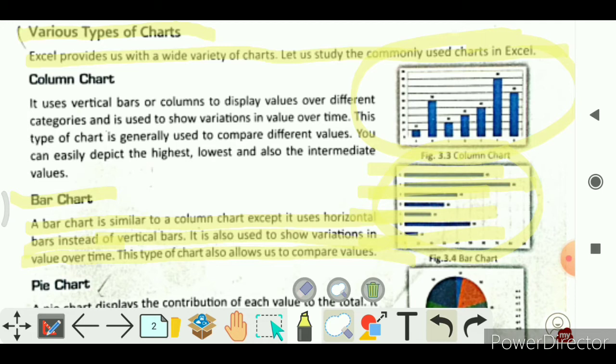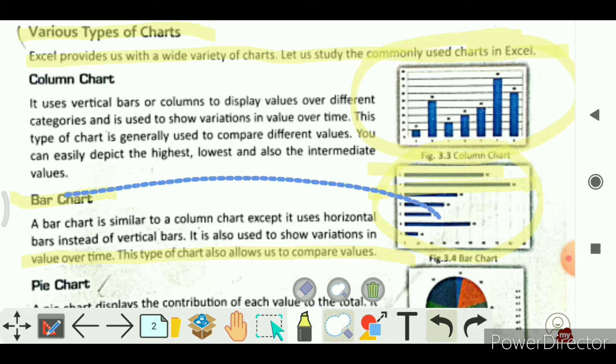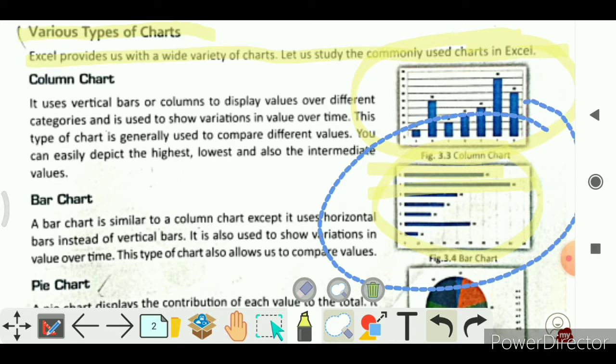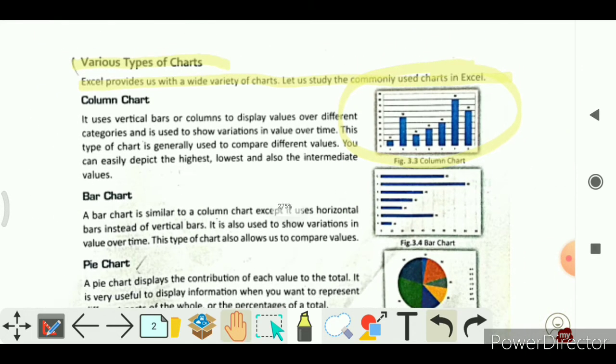But the values in the column chart are shown in the form of vertical bars, while here the values are shown in the form of horizontal bars, right?